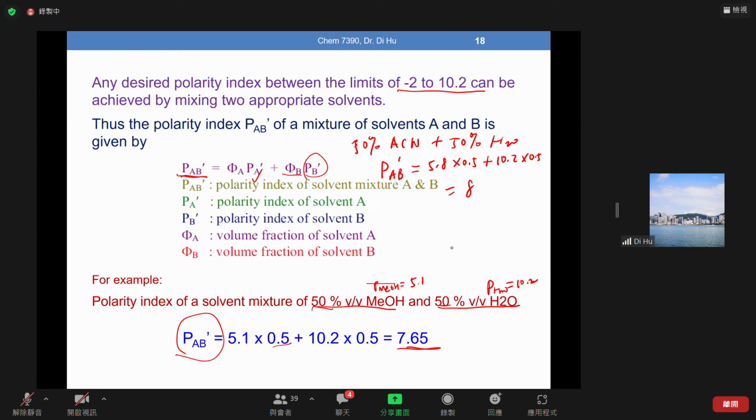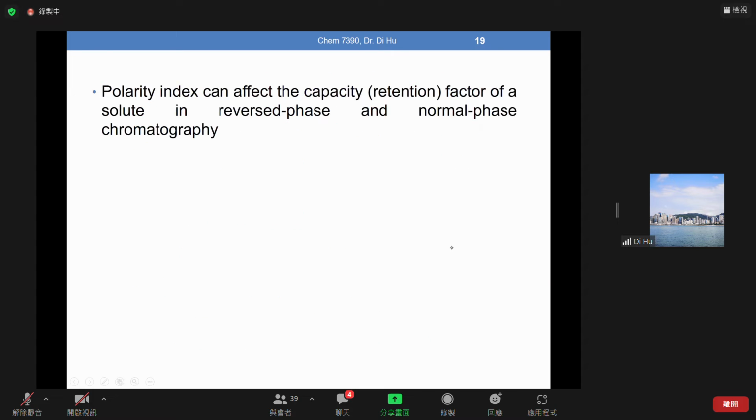So how about the next one? From our understanding, we showed you the peaks A, B, C, compound A, compound B, compound C, and their elution. We found the polarity index can really influence the K value, and the influence of P on K is different for normal phase and reverse phase.